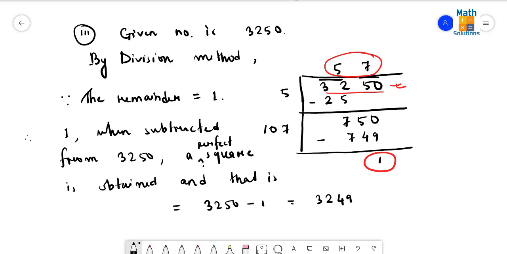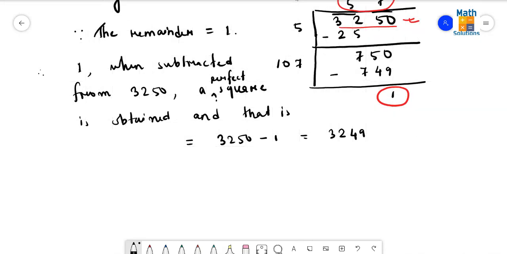So 3249 is the perfect square number and its square root.